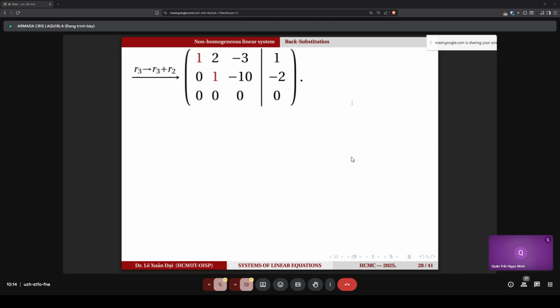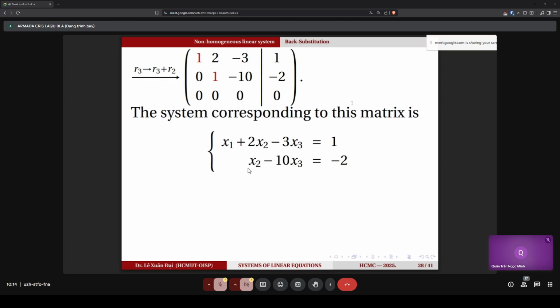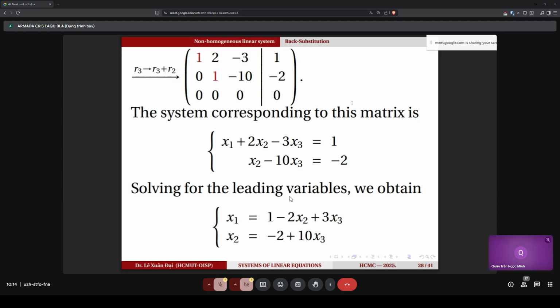That is what we did previously. And we have these two equations only remaining. So again, for your x3 we can substitute any value. Then we have x1 and x2. Just transfer the other parts to the other side.